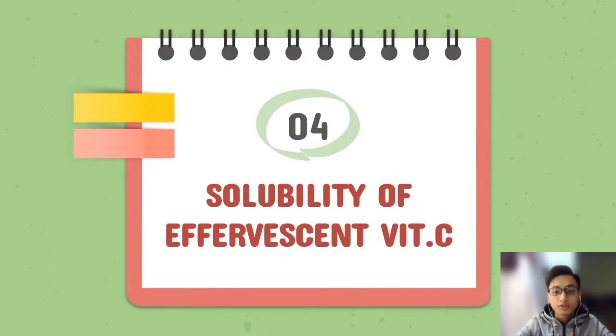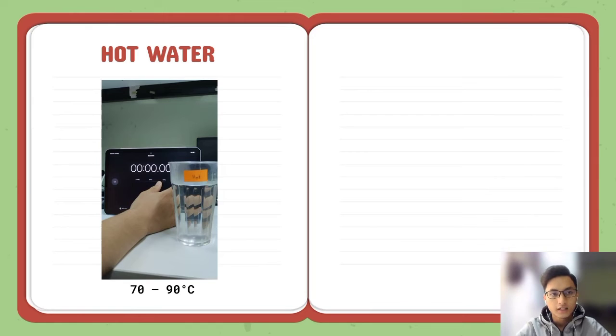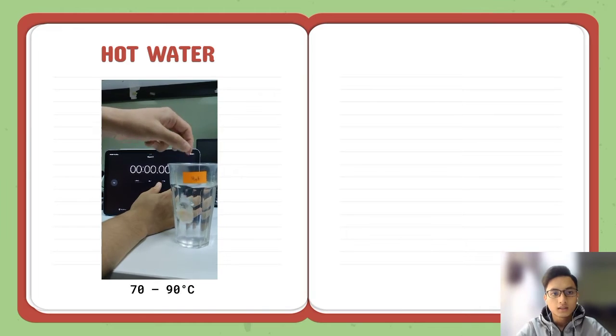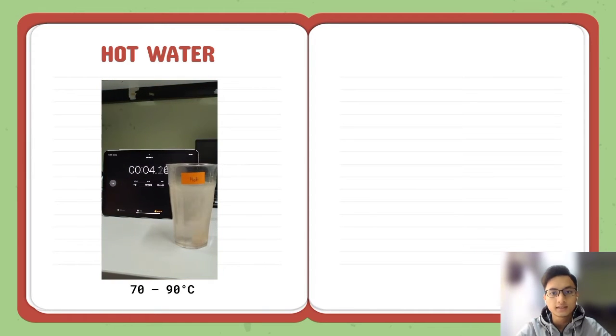Okay, next we move on to the solubility of effervescent vitamin C. First is the test of the solubility of the tablets in hot water. For the hot water, we use water with temperature between 70 to 90 degrees Celsius. The timer is started when the tablet is inserted into the hot water.